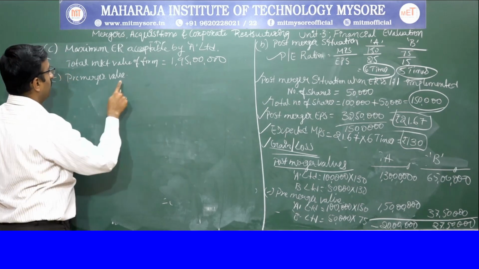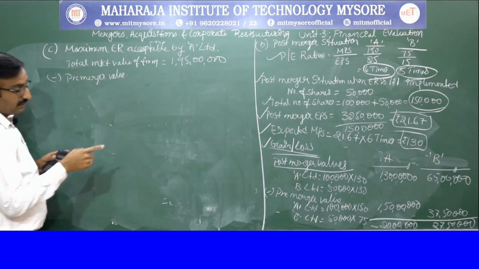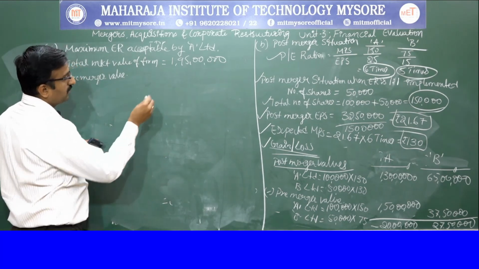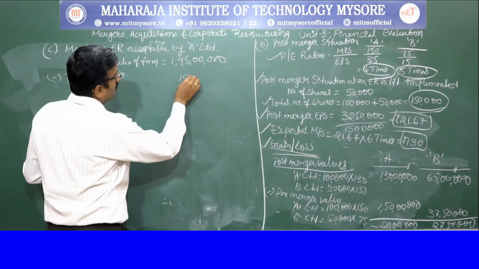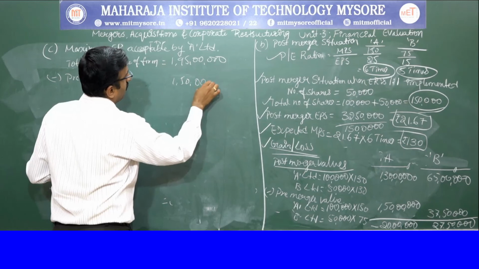Here you only have to take the A company, that is 1 crore 50 lakh.